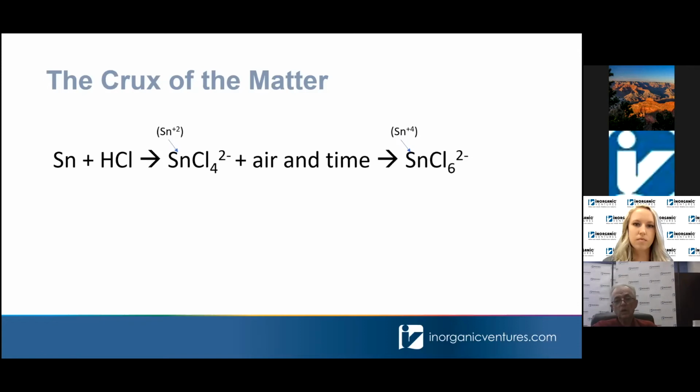Now, what we're talking about is trying to get around the problems that Autumn has very nicely described: the volatility of the tin in the +4 state, the tin 4 chloride. If it would just stay as the tin 2 chloride, that's great. When you dissolve it in HCl, that's how it starts.